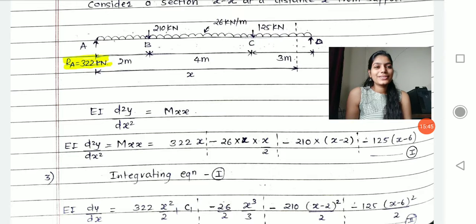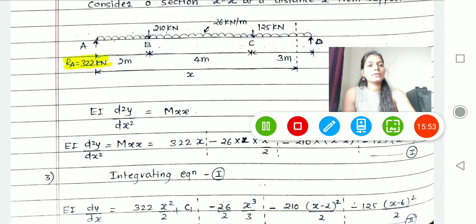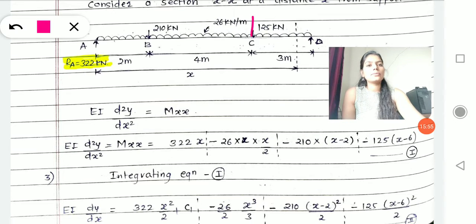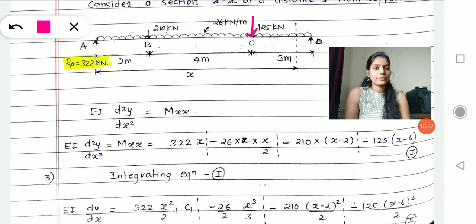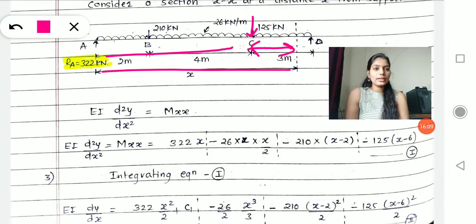Yes, we were talking about the x distance for the concentrated load 125. The 125 into horizontal distance. What is horizontal distance? Up to the x. That will be total x minus 6.